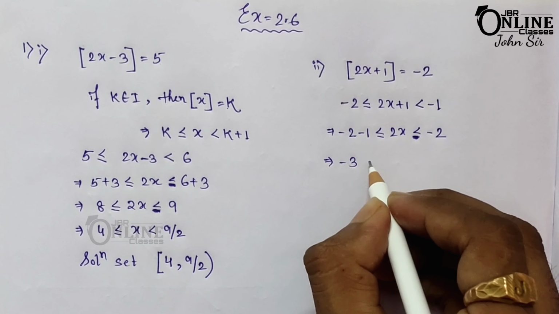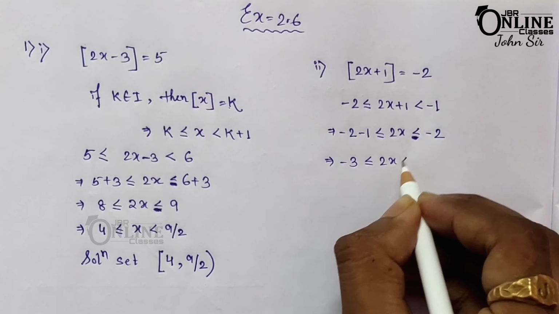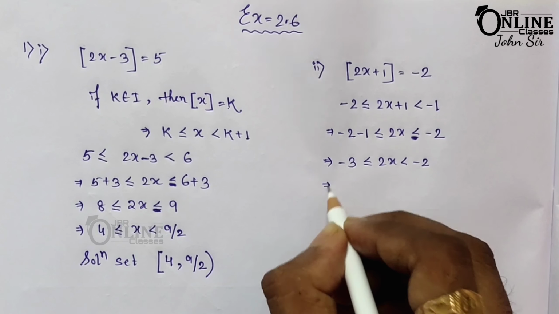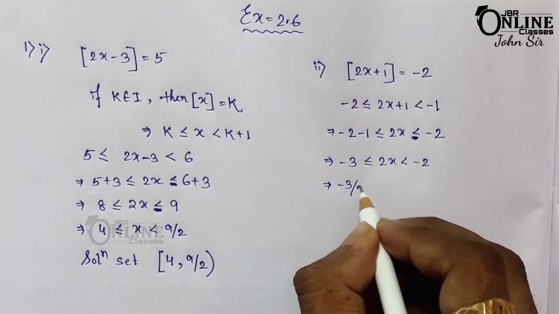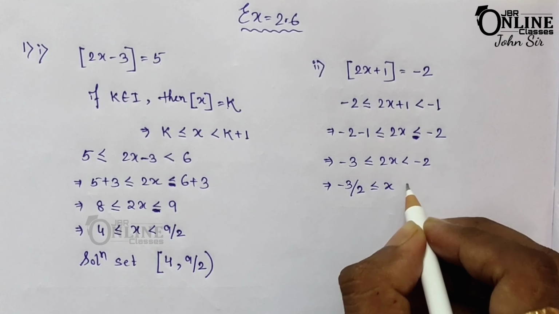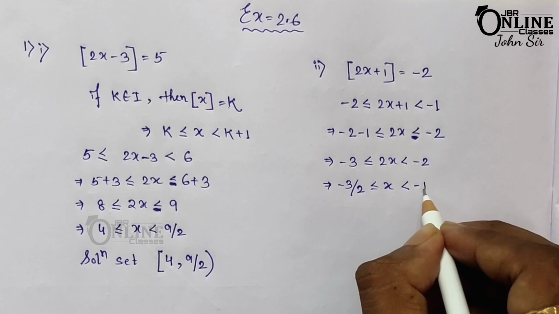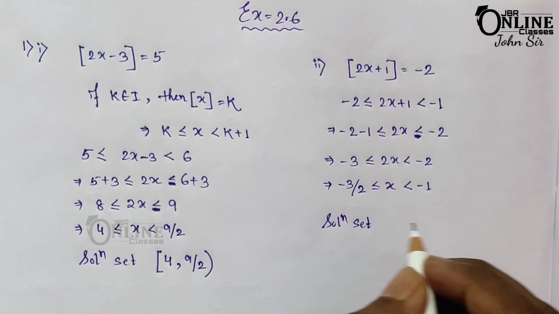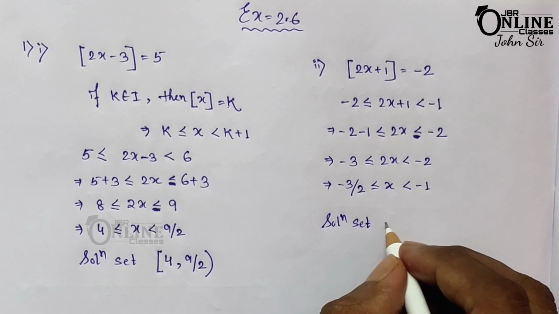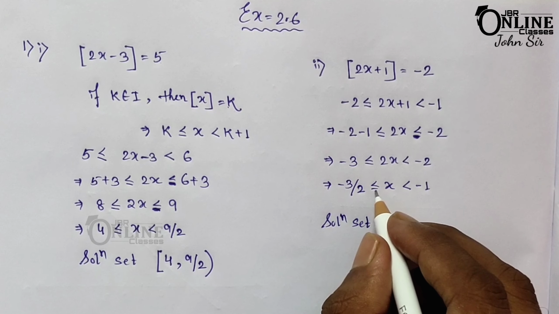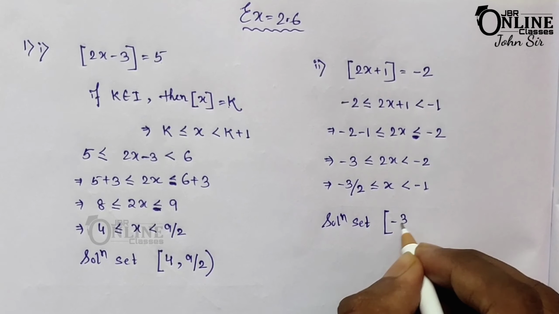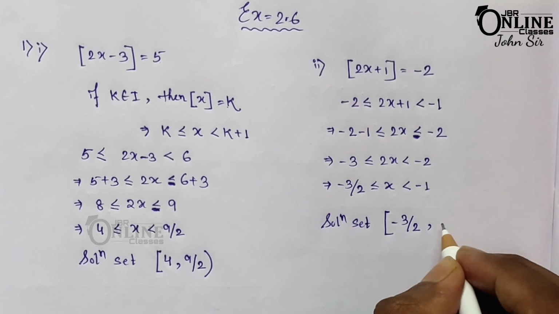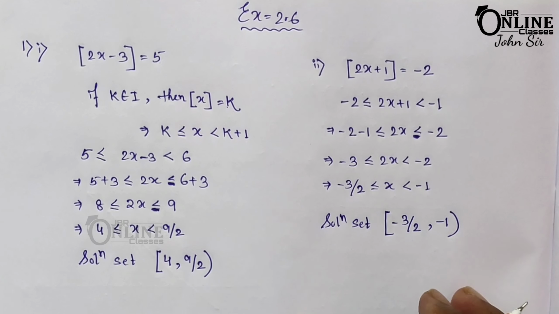Okay, so it's minus 3 less than or equal to 2x less than minus 2. Then finally minus 3 by 2 less than or equal to x less than minus 1. So the solution set is minus 3 by 2 comma minus 1 within an open bracket.